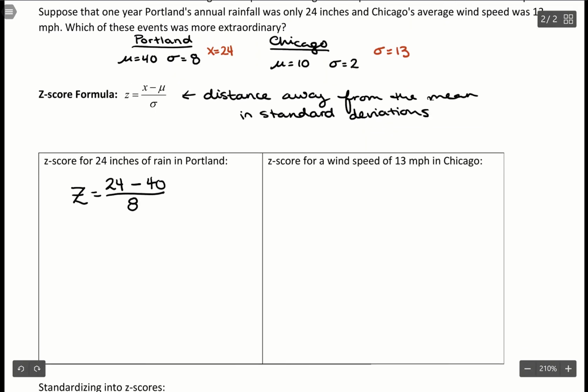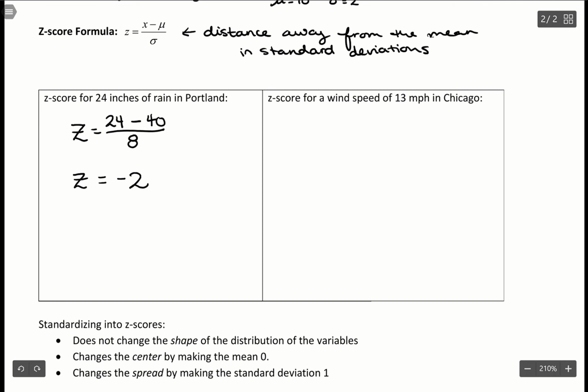So our z-score here, when we simplify 24 minus 40 and then divide it by 8, should give us a -2. So what this would tell me is that 24 inches of rainfall in Portland is 2 standard deviations below average.